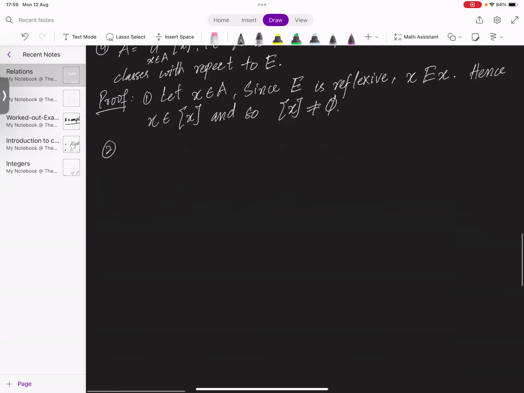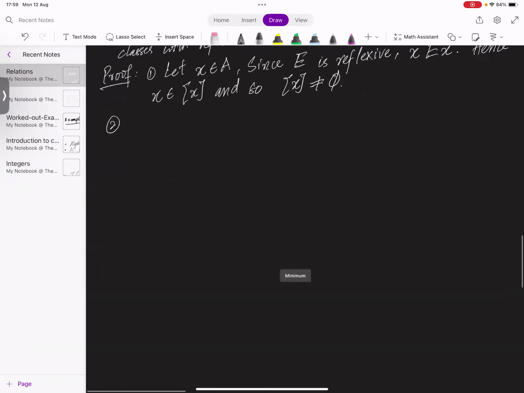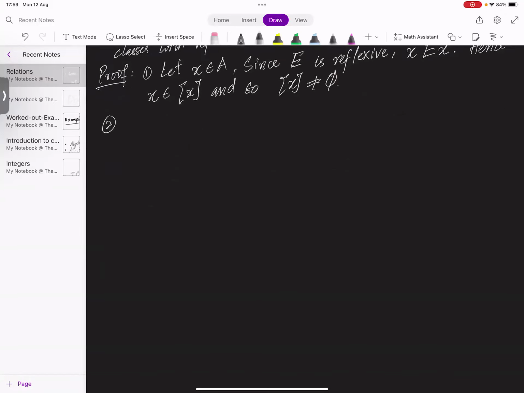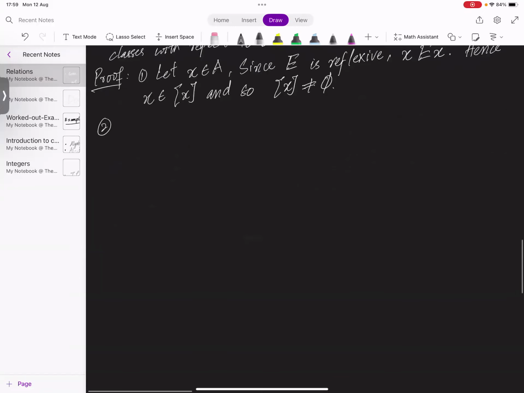2 says if y is inside the equivalence class of x, then the equivalence class of x and the equivalence class of y are the same, for every x and y inside A. We show this by considering that y is in the equivalence class of x.